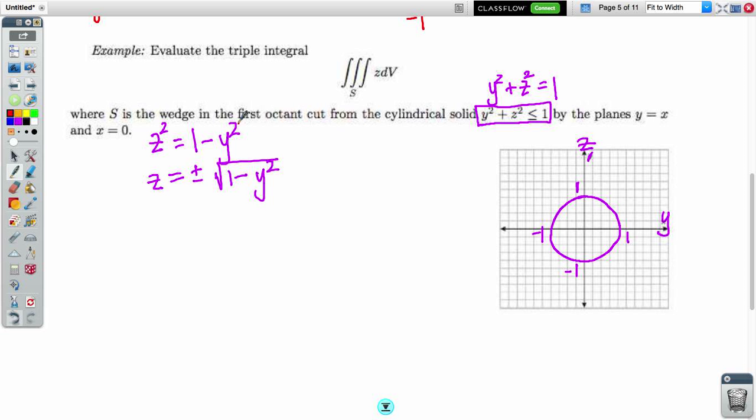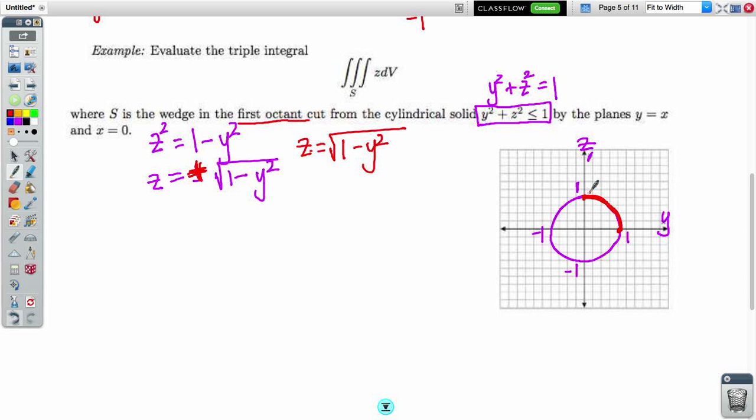It also says in the first octant. So really, on that entire circle, this is the only portion that I care about. So I know I have this plus or minus here, but since I only care about the upper portion anyway, I really only care about the plus. So I can really just say z is equal to the square root of 1 minus y squared, and that's that red portion.